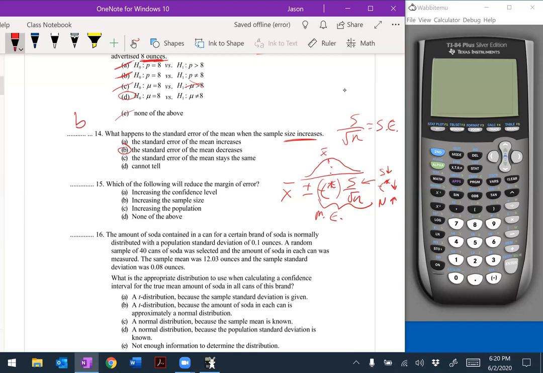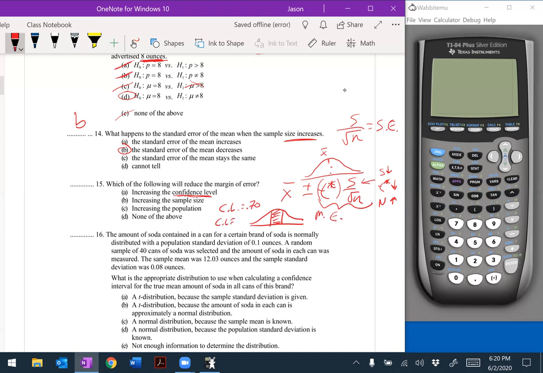Okay, so what happens if I increase the confidence level? Let's say that we have a really small confidence level, say 0.7 or 70%. That means I'm going to have a really thin strip to work with. Now what happens if I increase that confidence level?